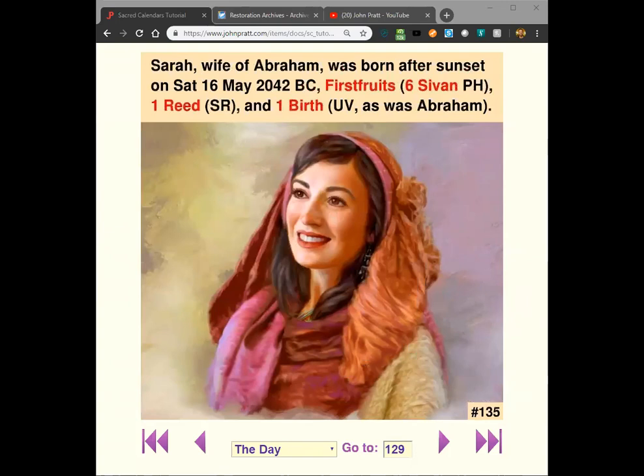When that was discovered, lo and behold, both Abraham and his wife, Sarah, are born on one birth on the uniform Venus calendar. And as I've explained before, the uniform calendar is like an alternate calendar. So if it just doesn't work out to be born on the main Venus calendar, this is like an alternate.